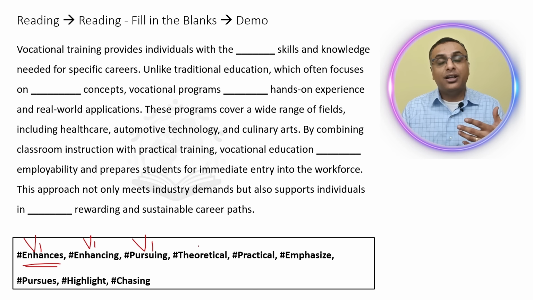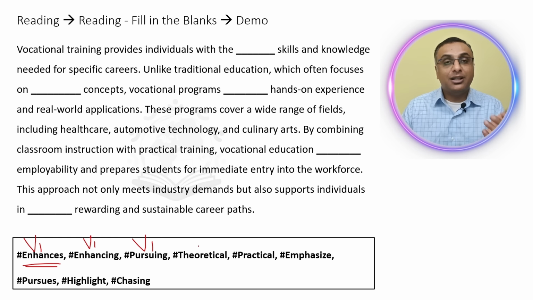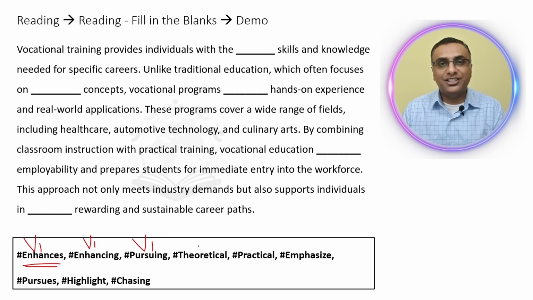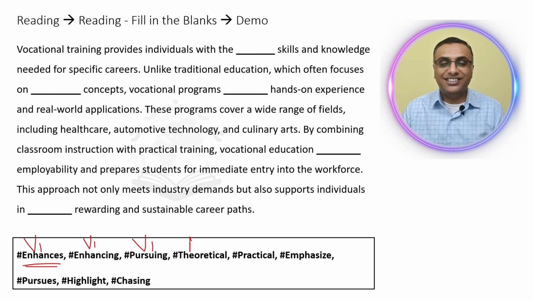The theoretical knowledge, the practical knowledge. What is knowledge? Knowledge is nothing but a noun. Here something is giving more information about the noun, which is nothing but an adjective. So both are adjectives over here. This is how you can easily identify.